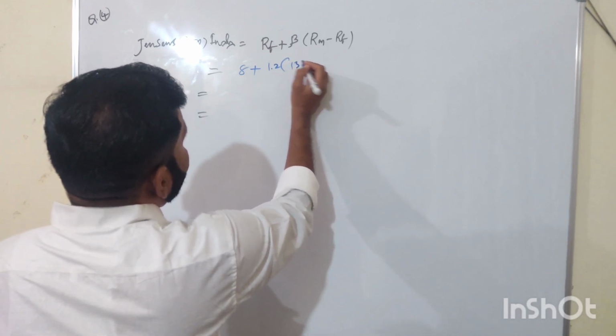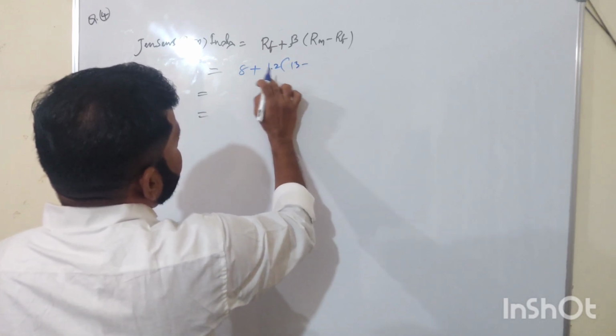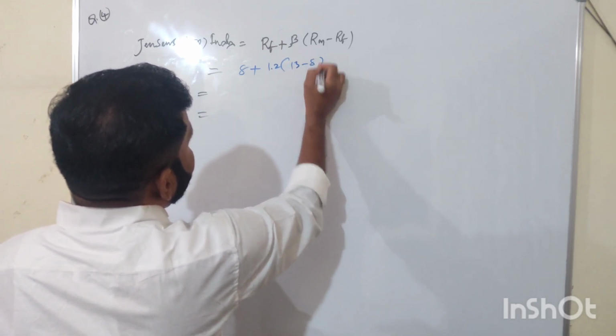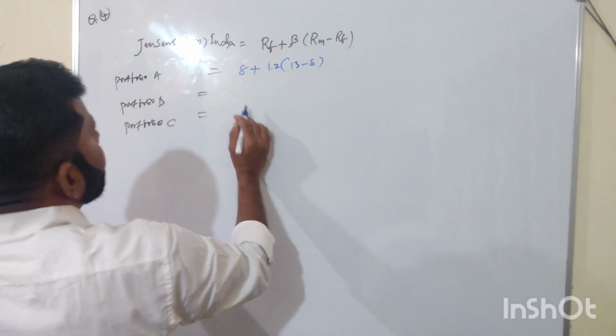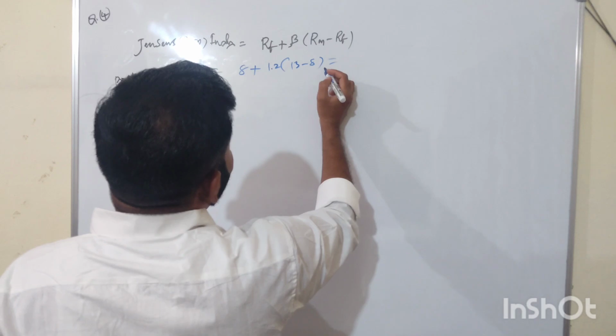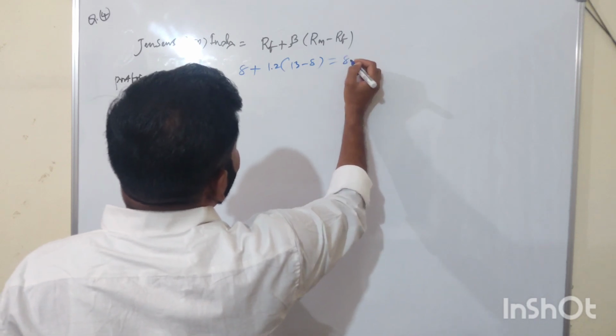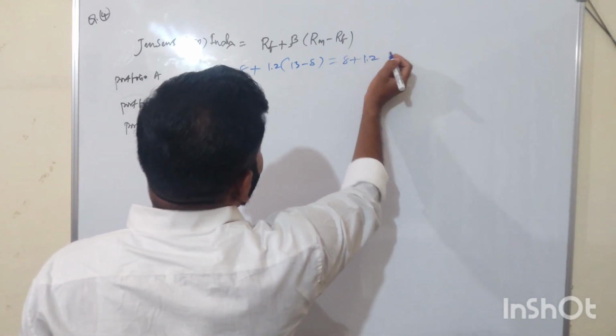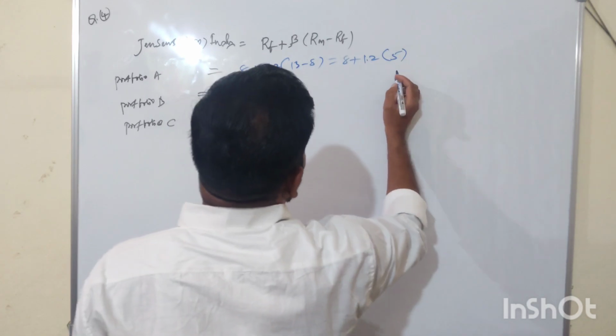I think this is repeating, right? Already we have calculated this. 13 minus 8, what is the answer? We write 8 plus 1.2 as it is, and 13 minus 8 becomes 5.